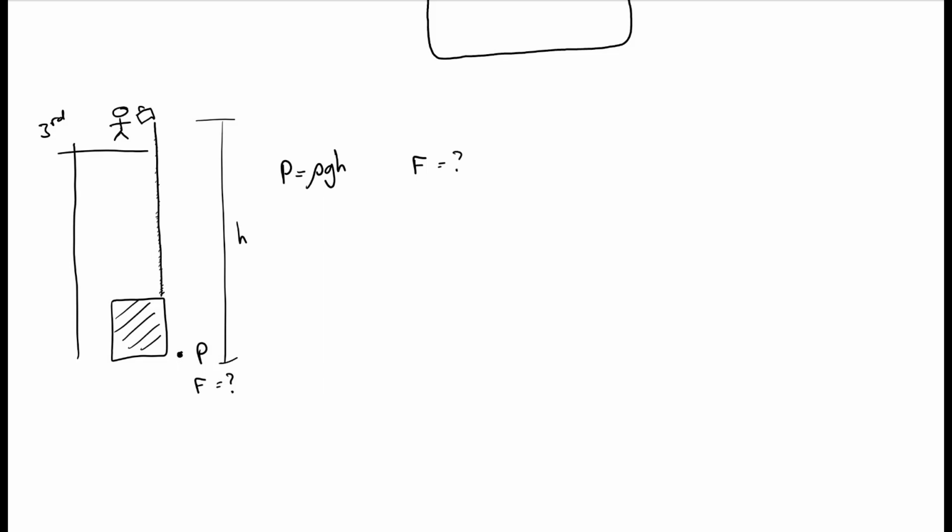To calculate the force at the bottom, we know that P equals F over A. This implies that F equals PA, or equals rho g h A. And this hA is not a volume, because the A is the area at the bottom of the tank, and the h is the total height of the column of liquid.